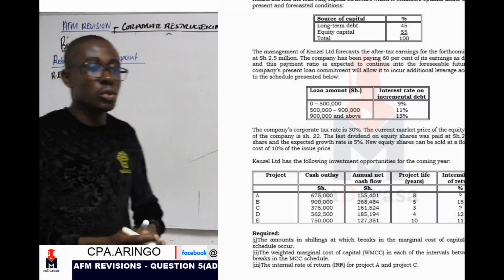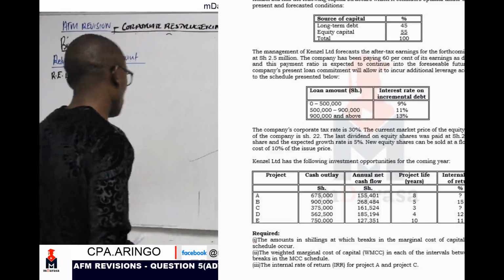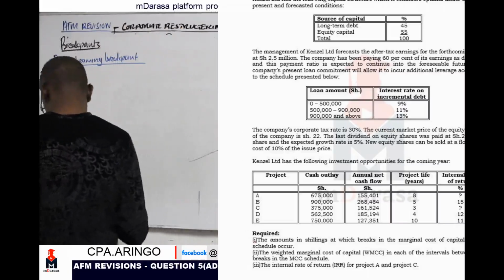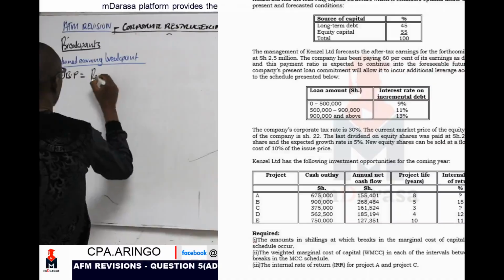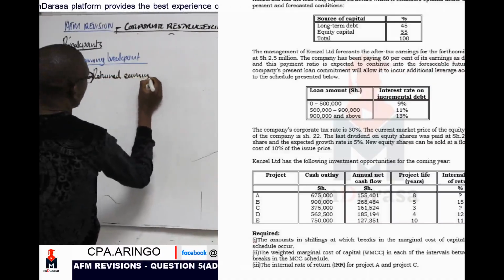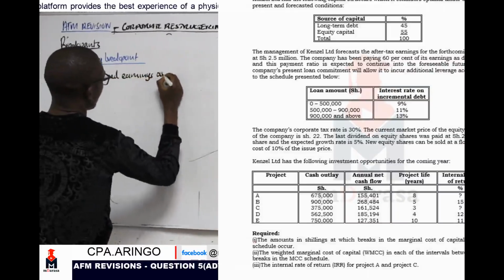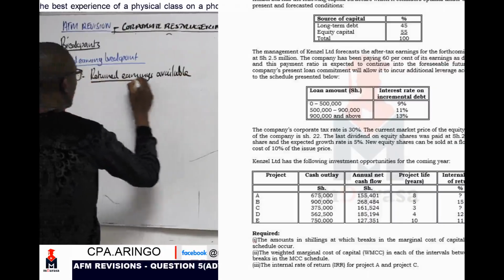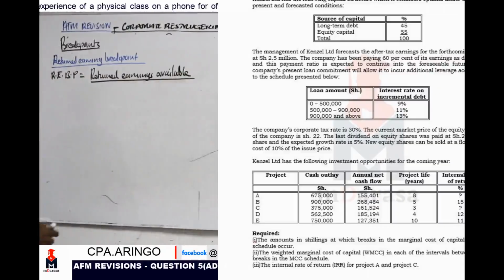You just need to determine and look at what were we having in our retained earnings. So our retained earnings, basically you should be having the retained earnings available, right? Retained earnings available. And why are we terming it as available? Because remember, we want to look at cost of raising additional funds to finance what?